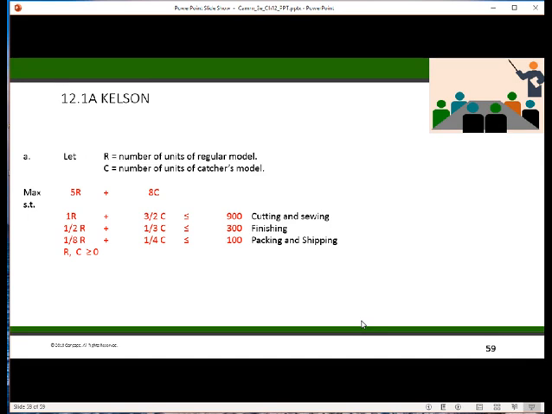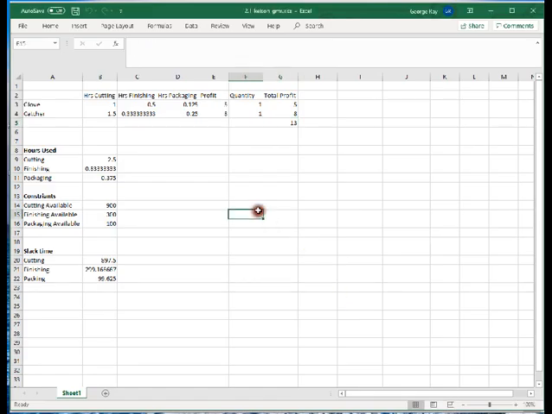We have 900 hours available for cutting and sewing, 300 for finishing, and 100 for packaging and shipping. And we see the coefficients for our decision variables for each one of those tasks in the equations here. Let's take a look at Excel.